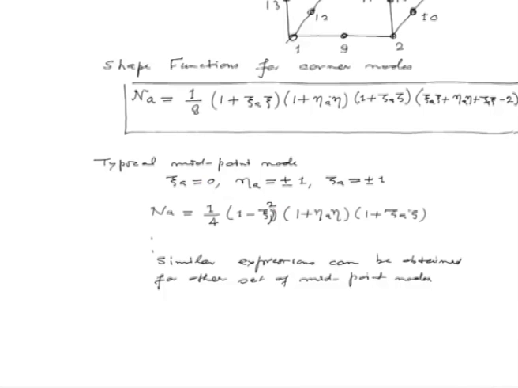So, the first term was 1 minus xi squared, and the remaining terms are very similar to what we had, the product of 2 linear terms in eta and zeta.